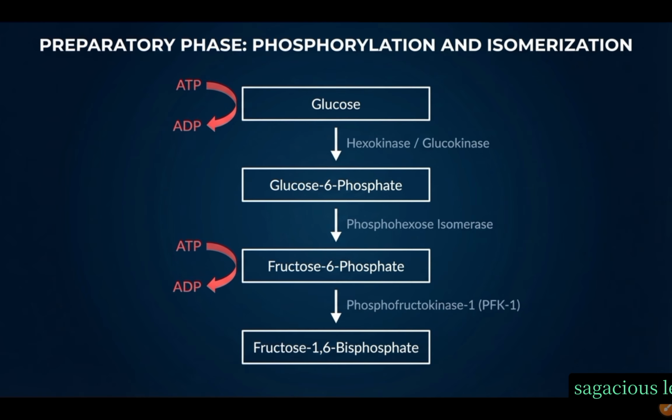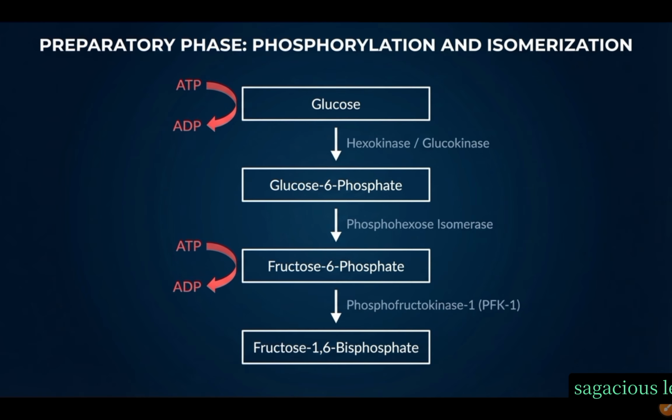In this process, we take ATP and convert it to ADP. ATP is adenosine triphosphate and ADP is adenosine diphosphate. ATP means we have 3 phosphate groups; ADP means we have 2. So when ATP donates one of its phosphate groups to glucose to form glucose-6-phosphate, instead of 3, which is tri, we now have 2, which is di.